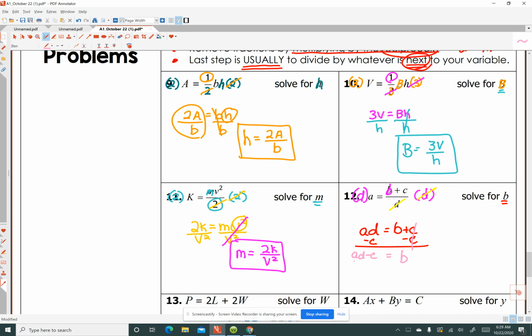Here I cannot. AD is a term, and from AD, C is being subtracted. So I can't change the order of those variables for those purposes. Our final answer is B equals AD minus C. I put the B on the left because that's what I solved for.